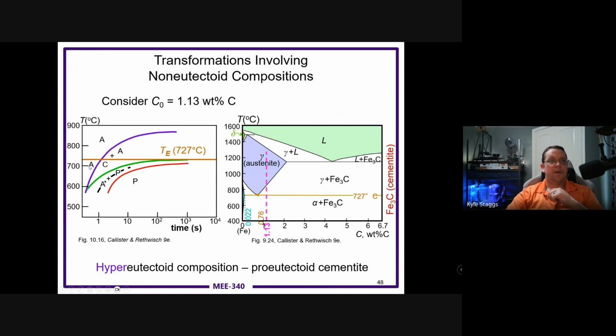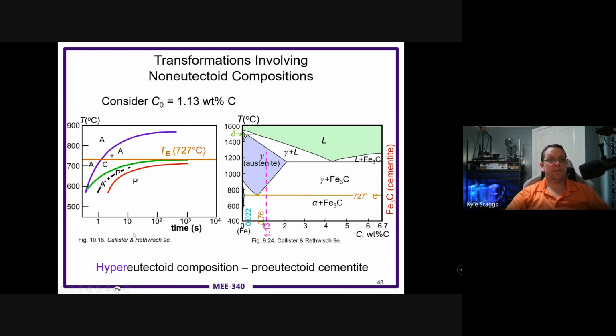So we have austenite plus cementite, so iron carbide, and then we have austenite and perlite both. So instead of just austenite and perlite from the last example, we're at a high enough composition. We are now hypereutectoid.